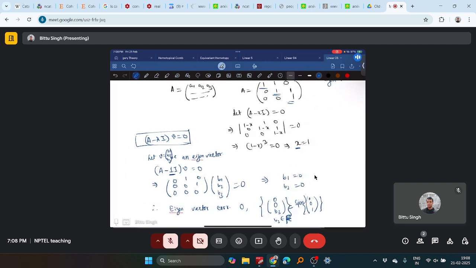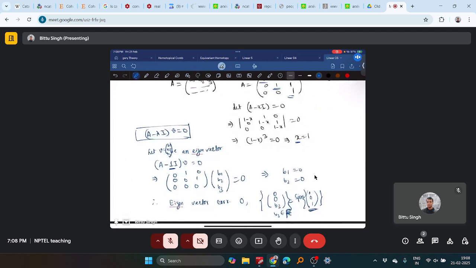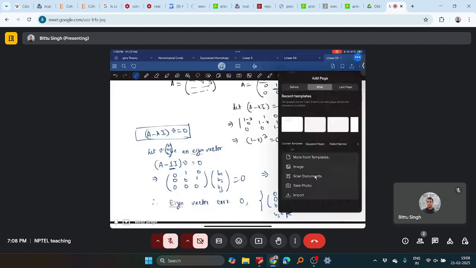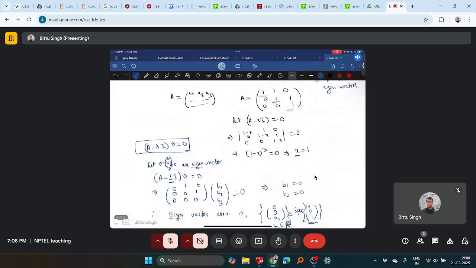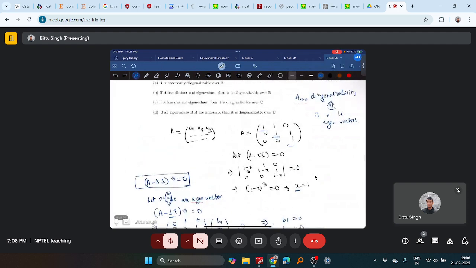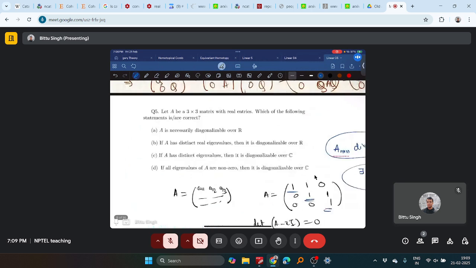So from here it is clear that there is only one linearly independent eigenvector, right? Since there is only a single linearly independent eigenvector, we cannot get three eigenvectors, which is the necessary and sufficient condition for diagonalizability. So this is false. It cannot be diagonalizable.